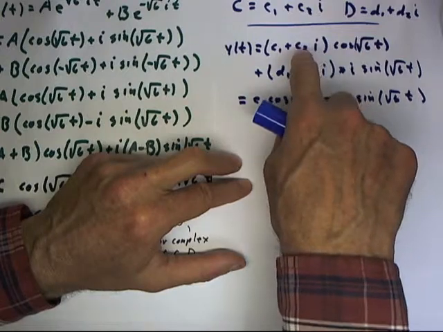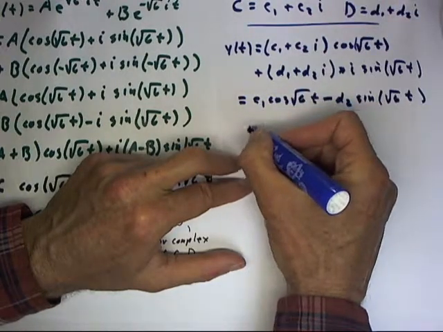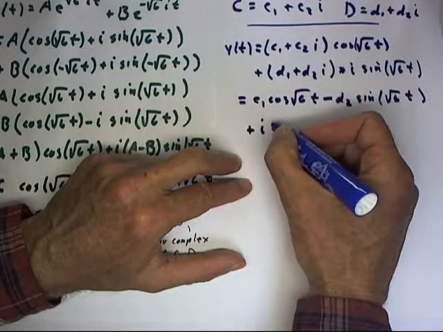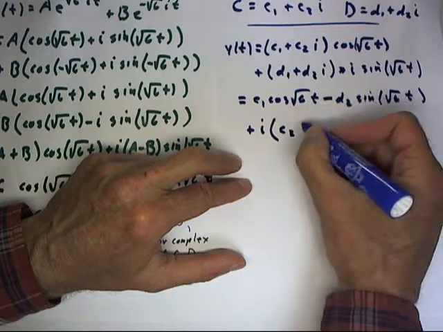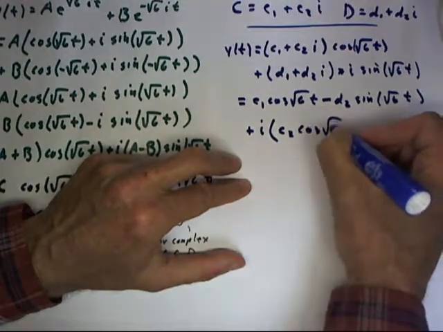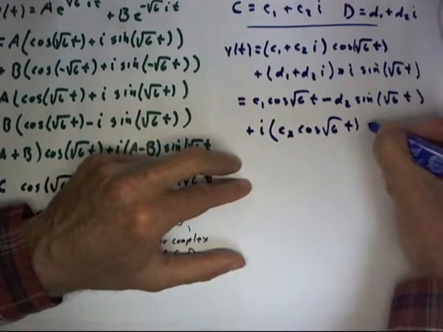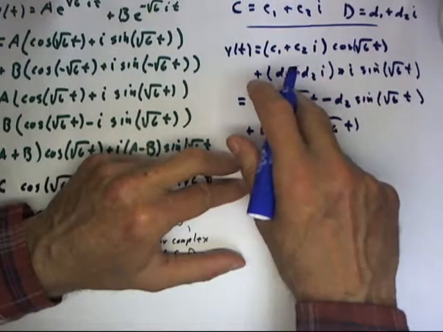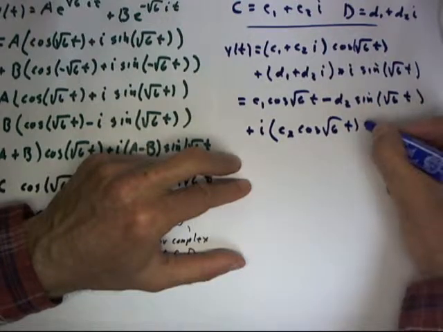And we're going to then have imaginary terms, c2i multiplied by the cosine of the square root of 6t becomes i times c2 cosine square root of 6t, and then we're going to have d1 times i sine square root of 6t.